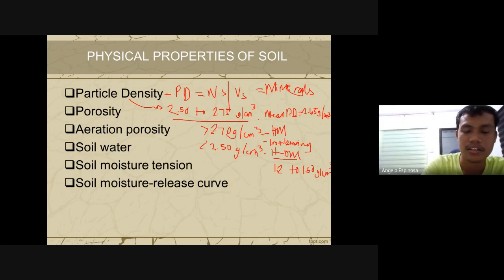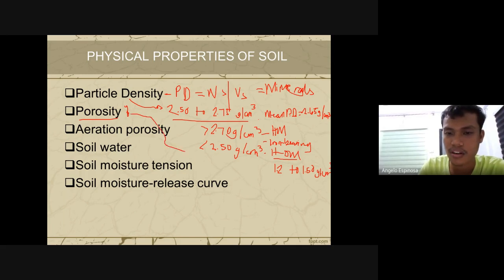Porosity signifies the extent of pore space expressed as a percentage of the bulk volume of the soil. So how is it expressed? As a percentage. Always remember, porosity is the pathway of soil water and soil air. What is the equation for getting the percentage of porosity?